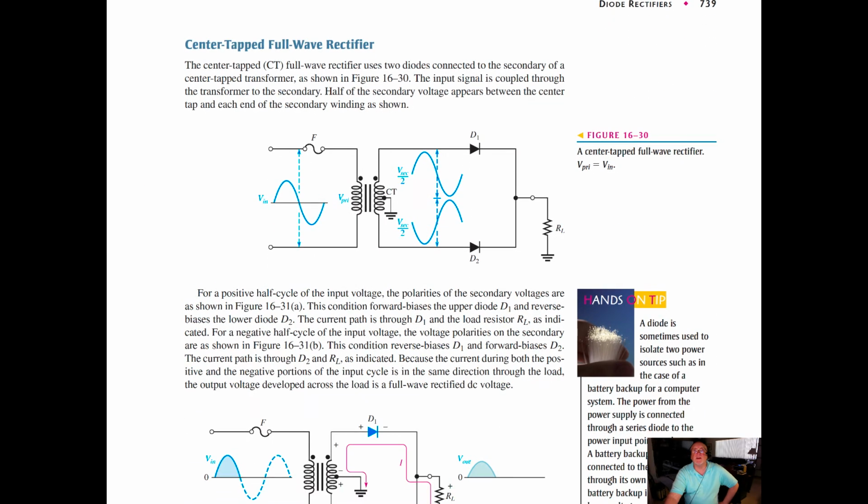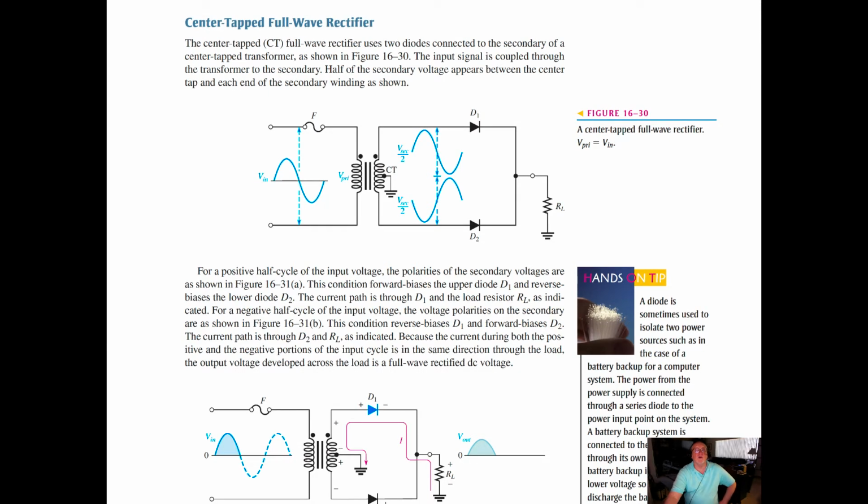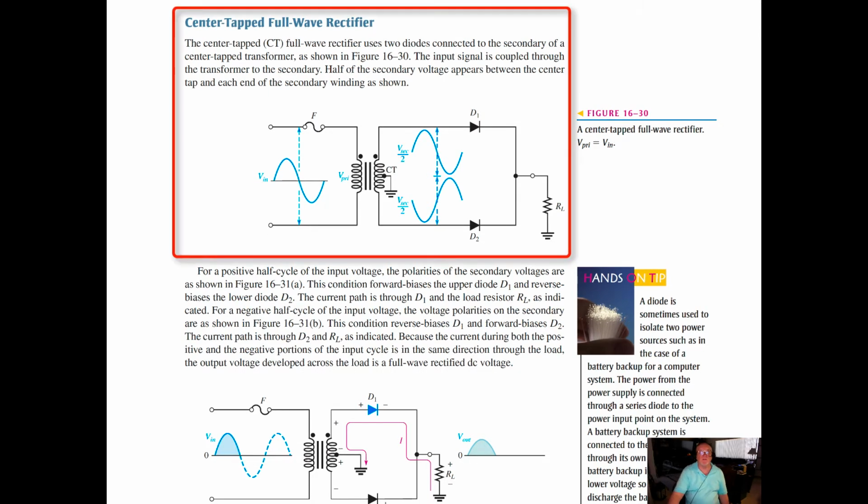So what kinds of things can we do to make things even better, even more smoothly? Well, we can put a transformer in between the rectifier and the source.